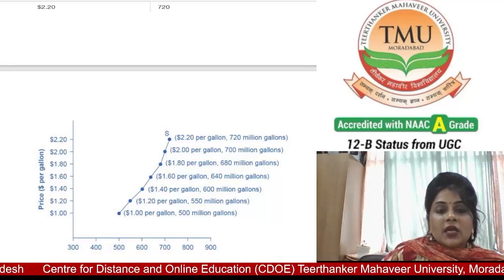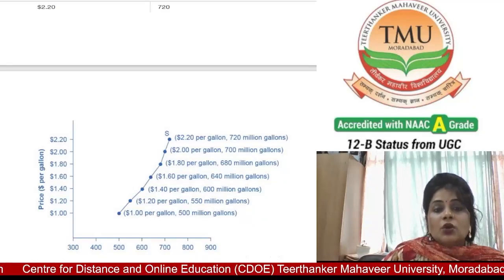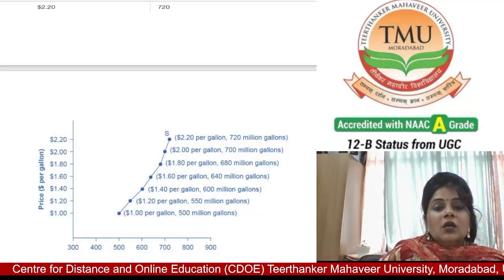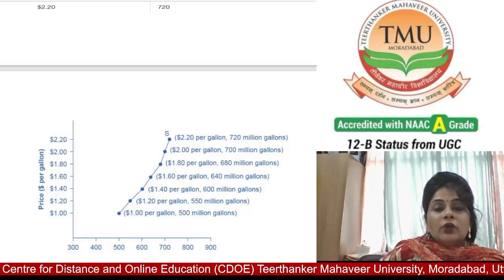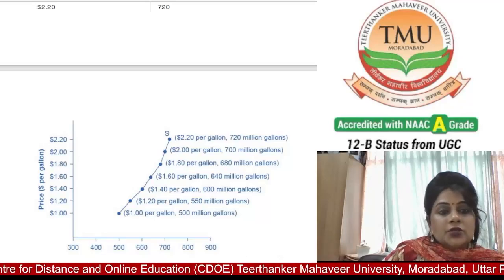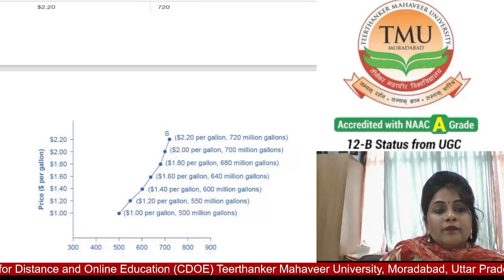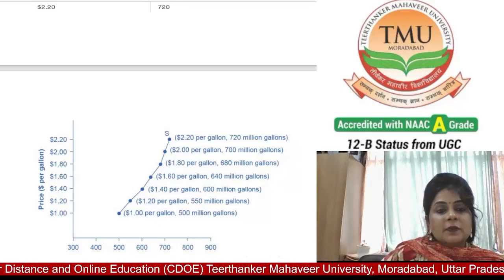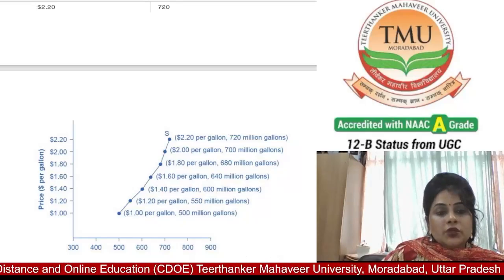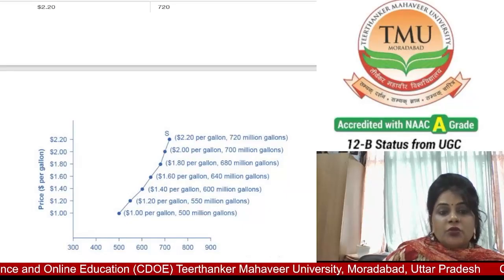A supply curve is a graphic illustration of the relationship between price, shown on the vertical axis here, and quantity, shown on the horizontal axis. The supply schedule and the supply curve are just two different ways of showing the same information.